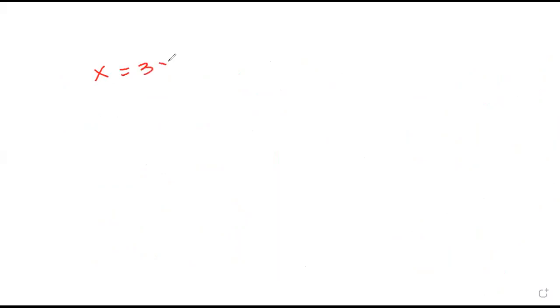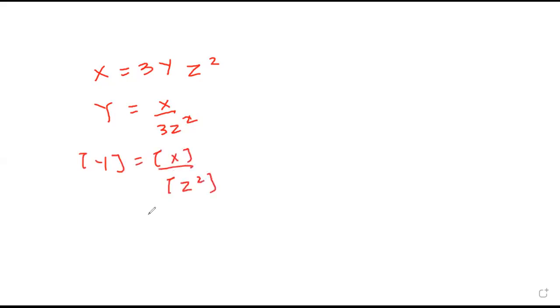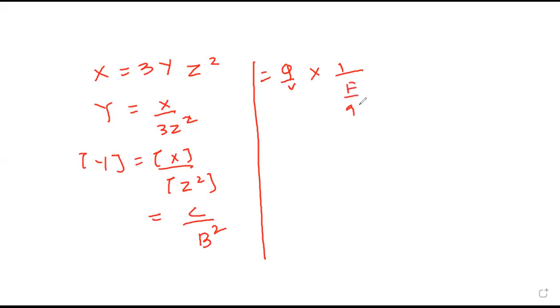X is 3y z square. Y is x upon 3z square. So the dimension of y is the dimension of x upon z square. X is capacitance C, Z is field B. So the capacitance formula is Q upon V, into B is force upon Q into velocity, square of this. So potential is work upon charge.